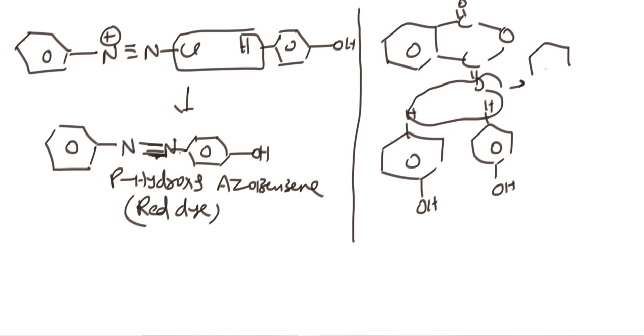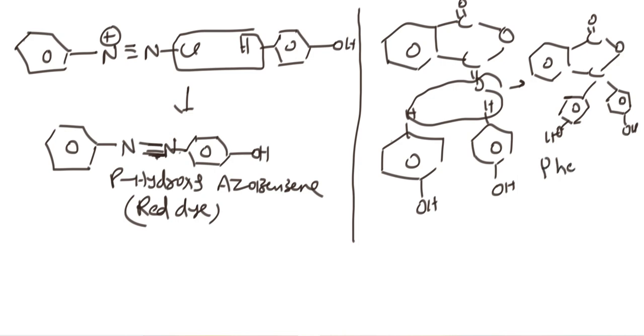Then it is forming like this. Okay, so what is the name of this one? This is also called phenolphthalein. The most famous indicator, it is phenolphthalein.